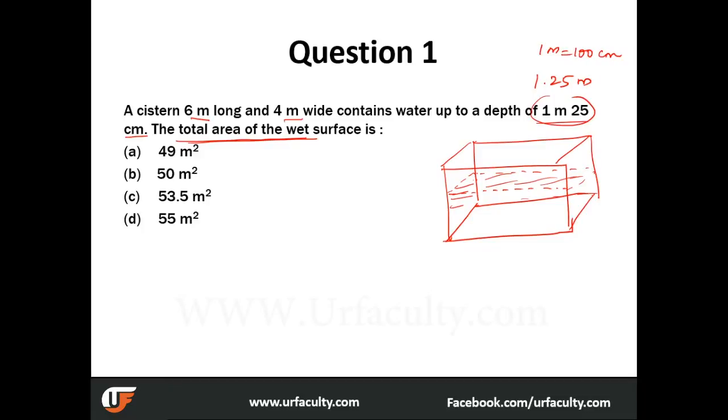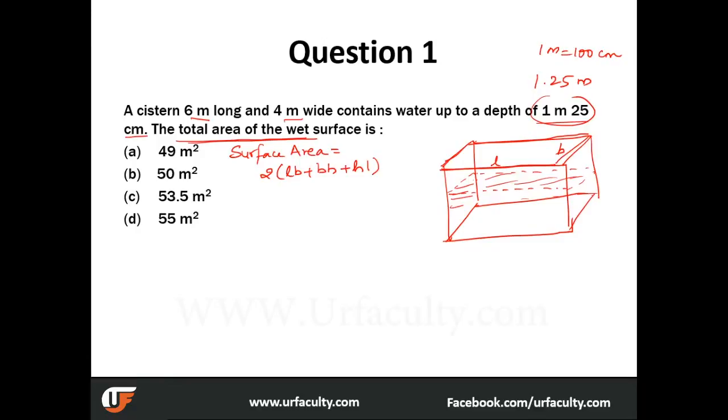So let's first write the surface area formula. Surface area of a cuboid is equal to 2 into (LB plus BH plus HL), right? In this case, the top portion alone is not wet. That's your length and breadth.